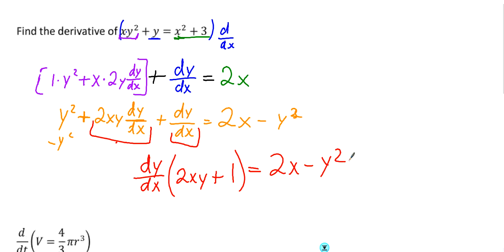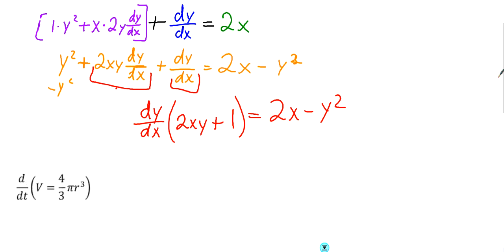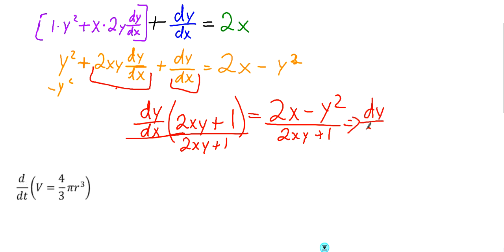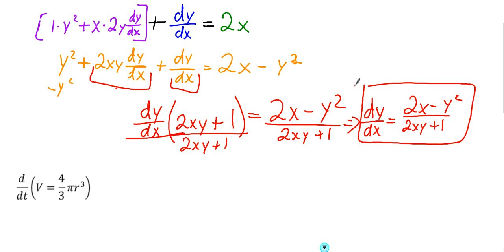Then, like we said, we want to get dy over dx by itself, so I'm going to divide both sides by 2xy plus 1, which leaves me with dy over dx equal to 2x minus y squared over 2xy plus 1. And that is our derivative.